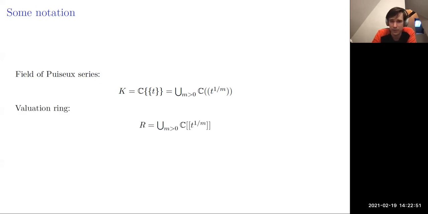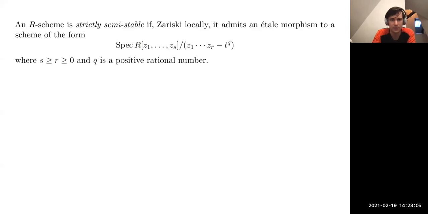And you have a corresponding valuation ring, which we'll denote by R. And basically we'll consider schemes defined over this ring R. Maybe you've already seen this, but we say that a scheme is strictly semi-stable if, well, Zariski locally, you can have an étale neighborhood which is isomorphic to a union of hyperplanes.